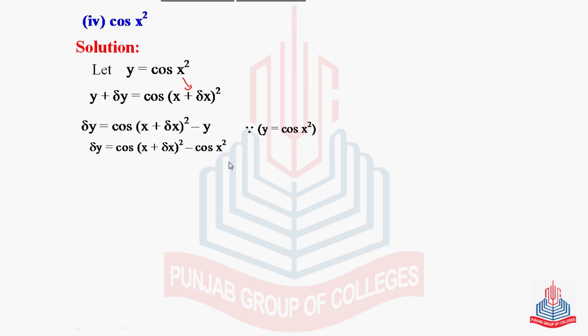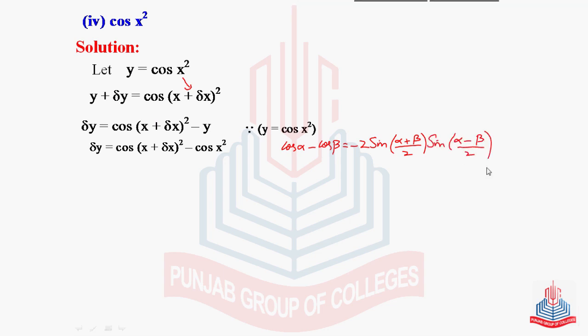Now this is actually cos alpha minus cos beta. We have cos alpha minus cos beta, and this is actually a formula minus 2 sine alpha plus beta divided by 2 into sine alpha minus beta divided by 2.